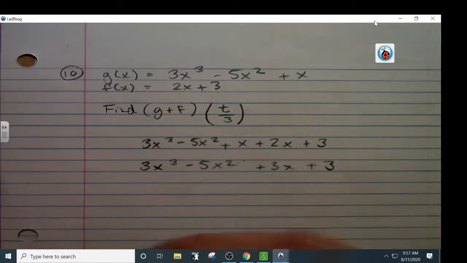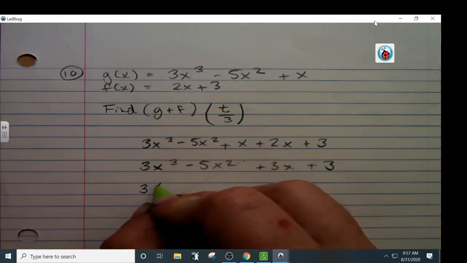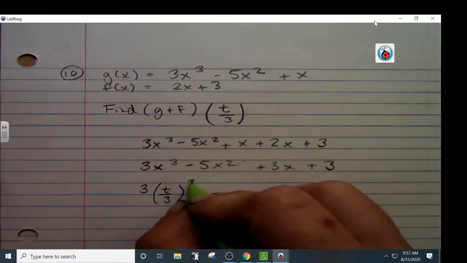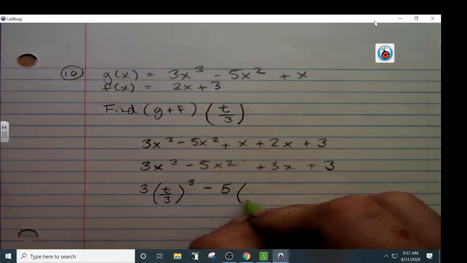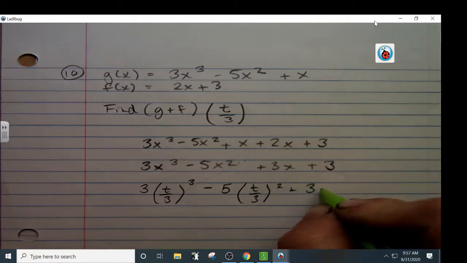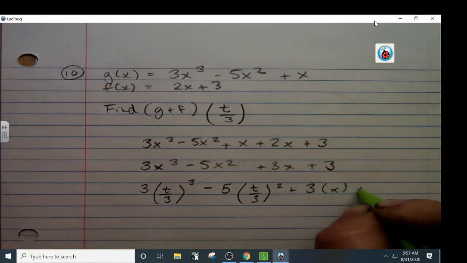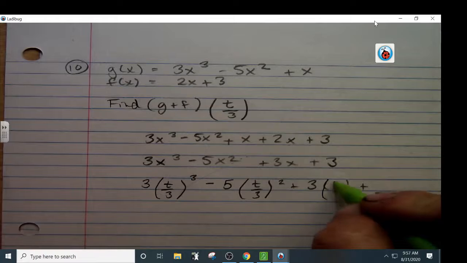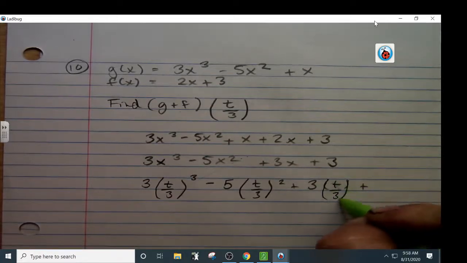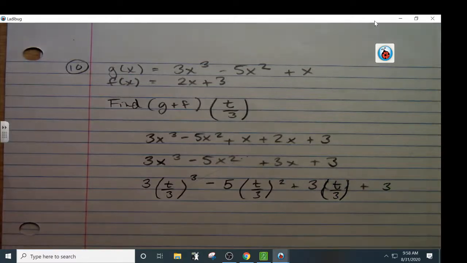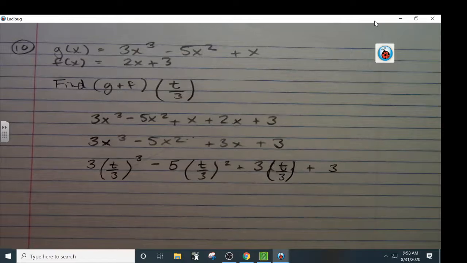Everywhere you see an x, you're going to put that in. Guys, everywhere I saw an x, I put a t over 3.